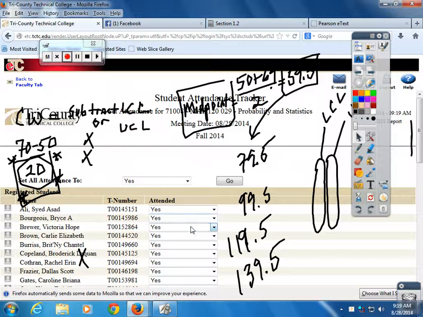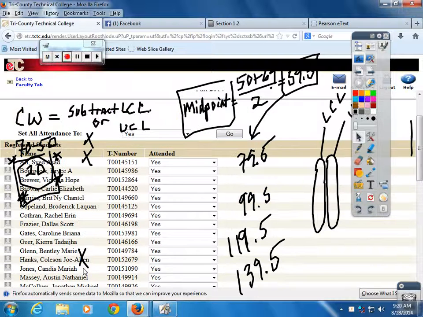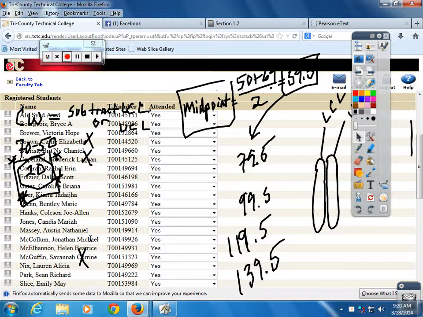Ali is here. Bourgeois? You're Bourgeois, right? I'm learning. Brewer? Where are you? Okay. Brown? Burris? Copeland? Cothran? Frazier? Gates? Gear? Glenn? Hanks? Jones? Jones? Hello, Jones. Massey is here. McCollum?